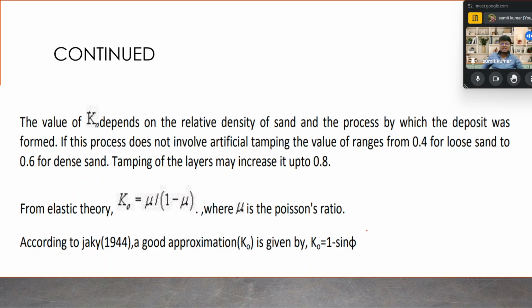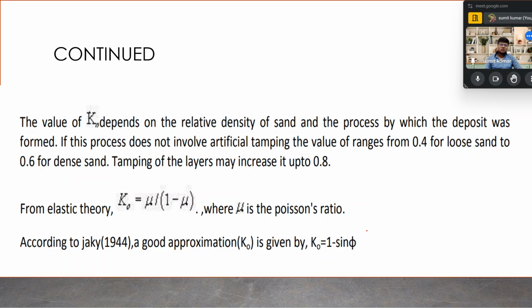Tamping of the layer may increase it up to 0.8. From the elasticity theory, K naught equals mu by 1 minus mu, where mu is the Poisson ratio, and it can also be calculated as K naught equals 1 minus sine phi, as given by Jaky in 1944 from investigations on different types of soil.